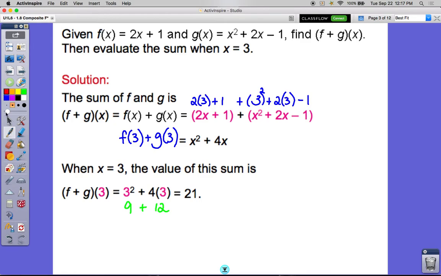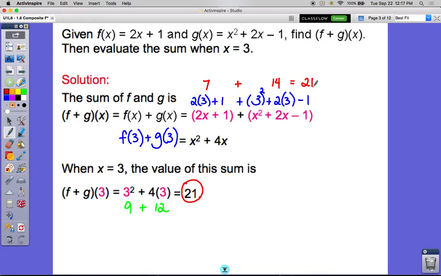So let's see what kind of numbers we get. 2 times 3 plus 1 is 7. 3 squared is 9 plus 6, that's 15, minus 1 is 14. So it's 7 plus 14. Well, 7 plus 14 is 21.